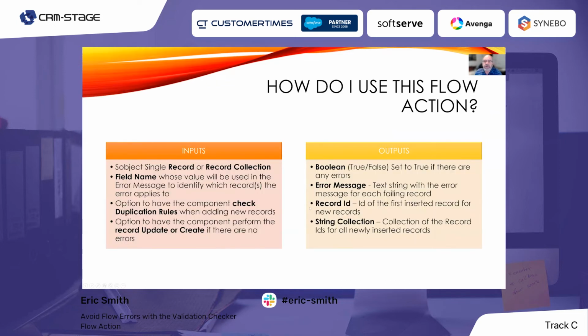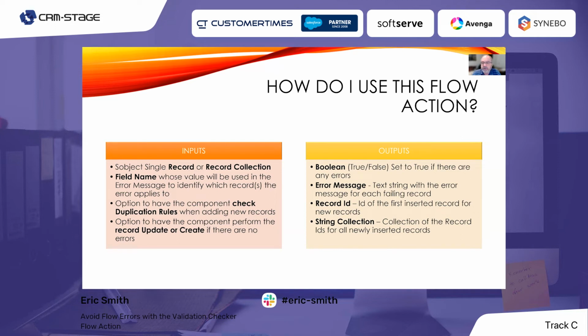So how do you actually use the flow action? How do you put it in a flow? Well, you have a few different inputs that you provide to it. You can provide either a single record or a collection of records as input. And you can also provide a field name.